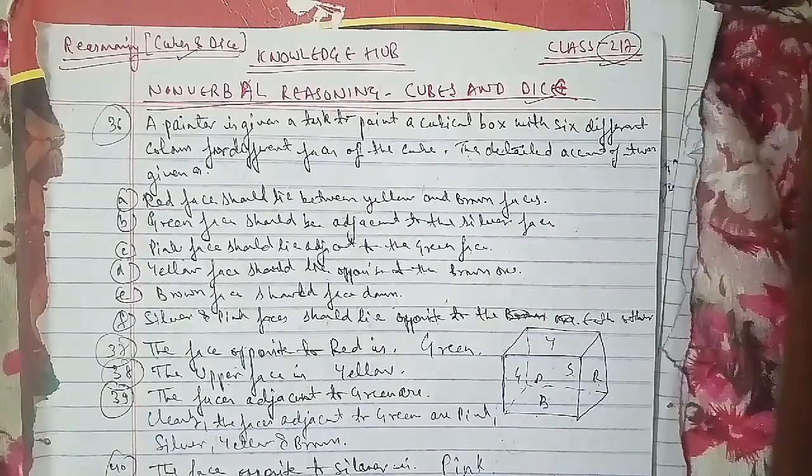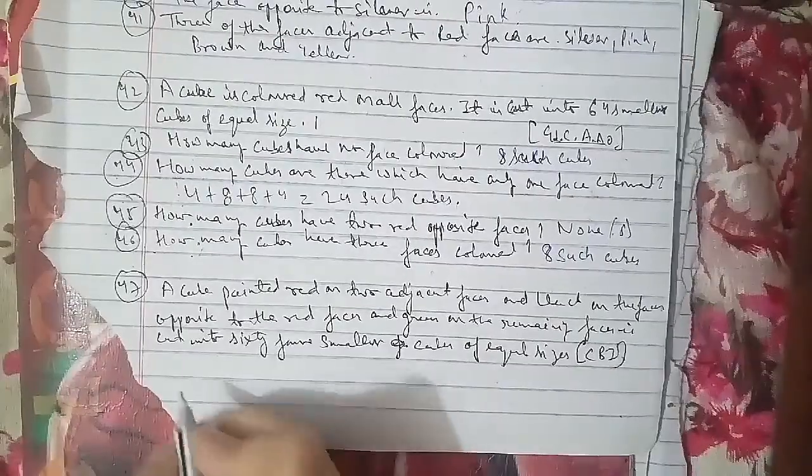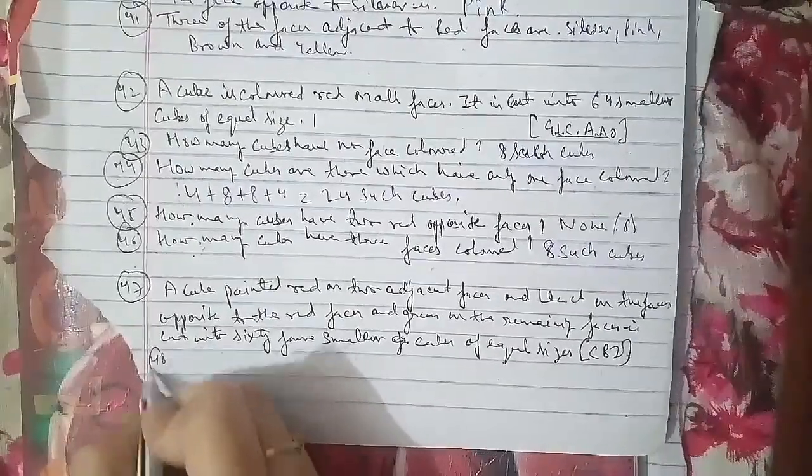So for the same, the question here has been how many cubes are there which have no face painted, and that has been the important one as well. So we'll go ahead for the same, which has been your 48 question here.